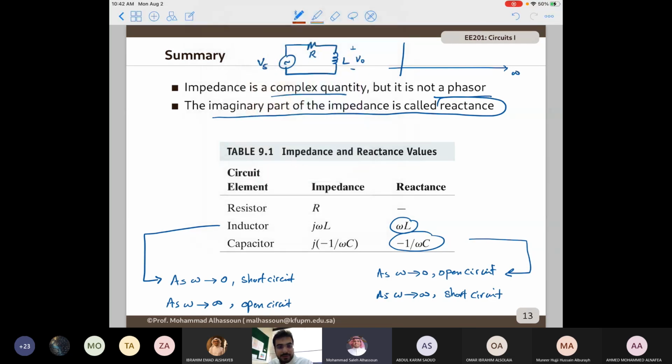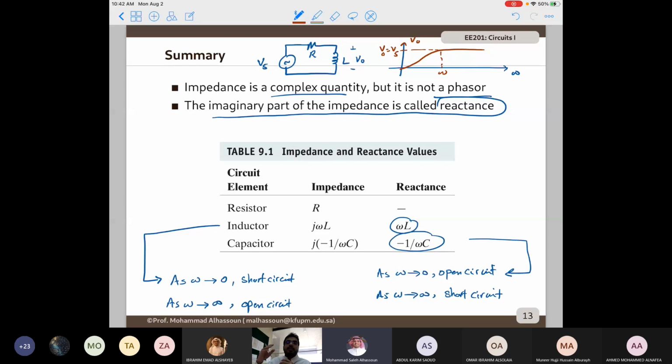At very low frequency, what's the voltage across the inductor? It is 0. Yes, it will be almost like this. So it will be 0, then it will keep increasing with the frequency until at some certain frequency, the output equals Vs.